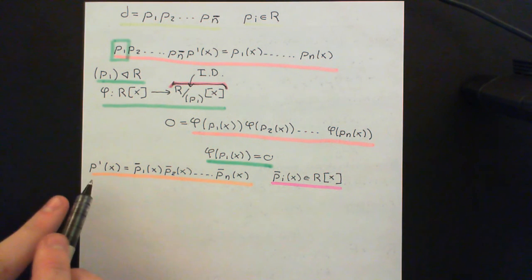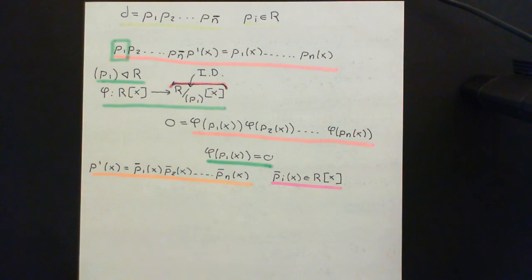Fantastic, I have a product that is giving P prime of x, and they are polynomials from my polynomial ring over the unique factorization domain, but are they actually irreducible? Well, what we now need to understand is that they will indeed be irreducible. But I think we'll have a break here, and then we'll take that question on in the next video.